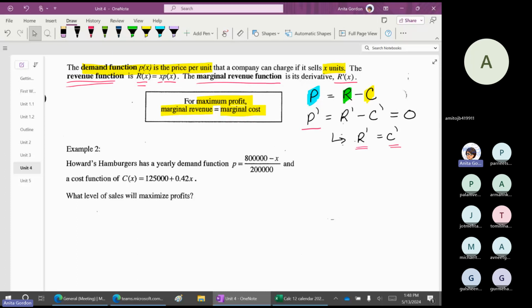How would I find the revenue? In order to maximize profit, I need to know what the revenue function is. Look at the top of the page. How do I find the revenue function? What's another way I could do it?